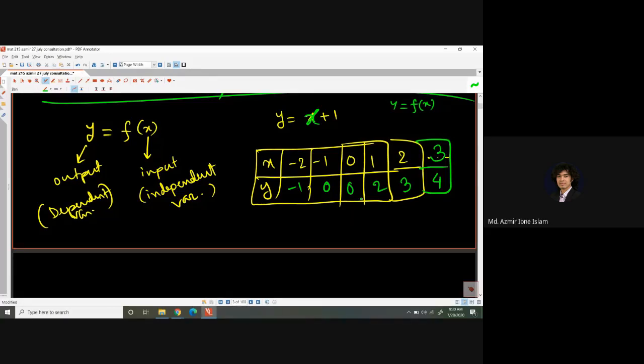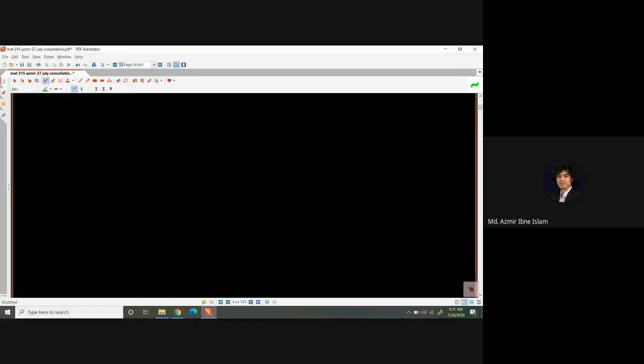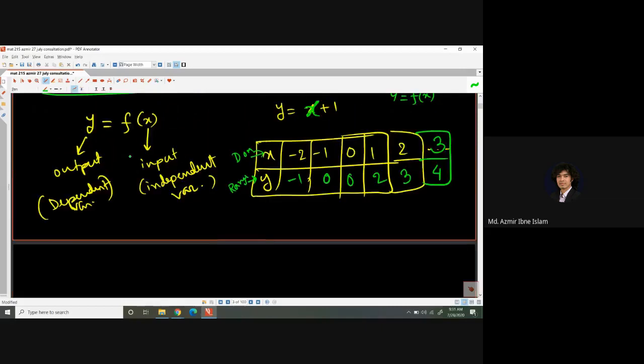That means the relation between domain and range. You can see here we have the input, which is called the domain of the function, and the output, the dependent variable y, is the range. So first, how can we represent this real valued function?